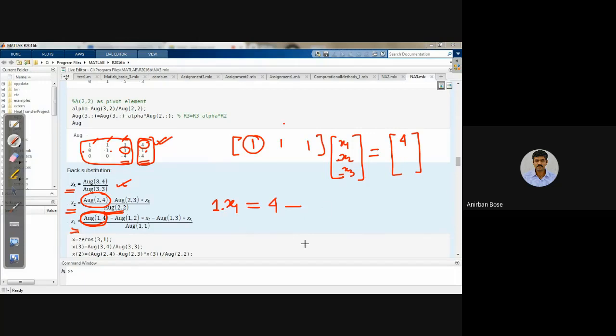Observe clearly, what we want to subtract is this quantity. These are the two values, corresponding to a12 and a13. So here it is 1 and 1. So this is basically a12 and a13 and x2 x3. So this you have to subtract.